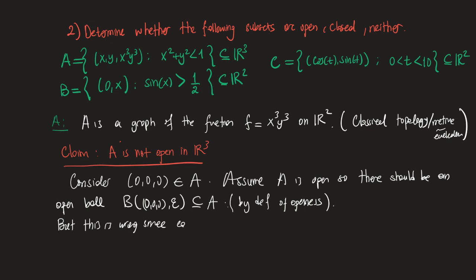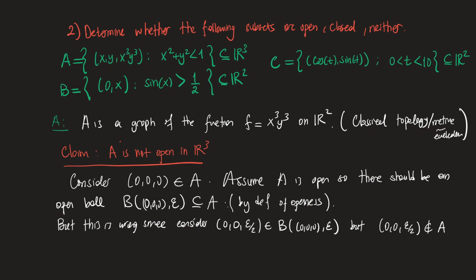Consider (0, 0, epsilon over 2), for example. This is in the ball centered at (0, 0, 0) with radius epsilon, but this is not in the set A. (0, 0, epsilon over 2) is not in the set A, because if it were in the set, the third coordinate should be zero.